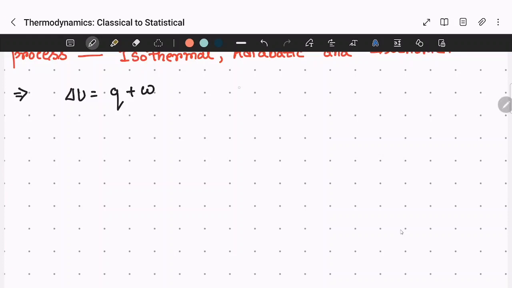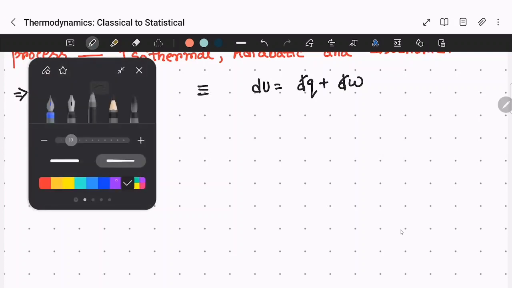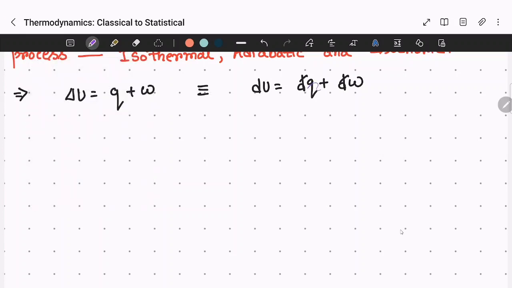But it can also be written as dU is equal to d cross Q plus d cross W. Why cross? Because Q and W are not exact differentials. But U is a state function, so it's an exact differential.